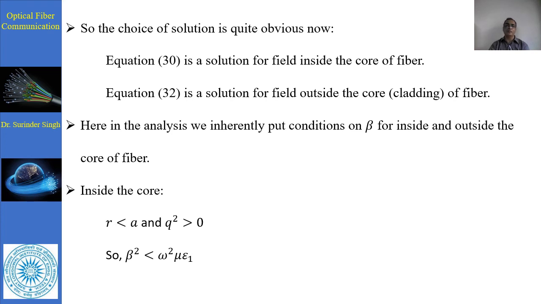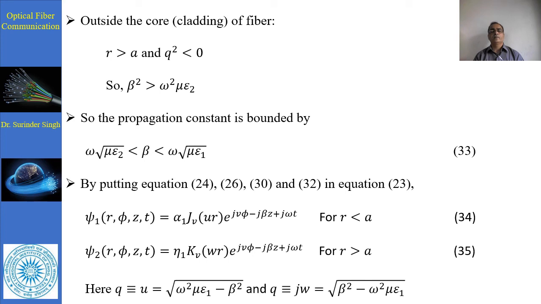For outside the core of the fiber, when the value of r is greater than a, q square becomes less than 0, and automatically beta square, the propagation part, is greater than omega square mu epsilon 2.